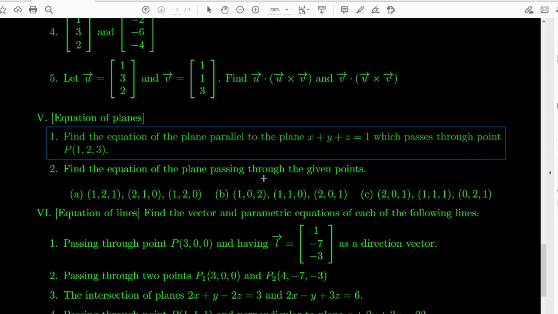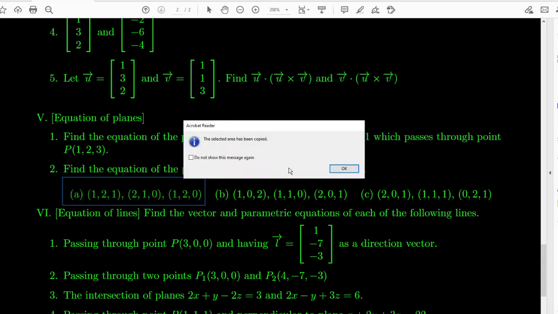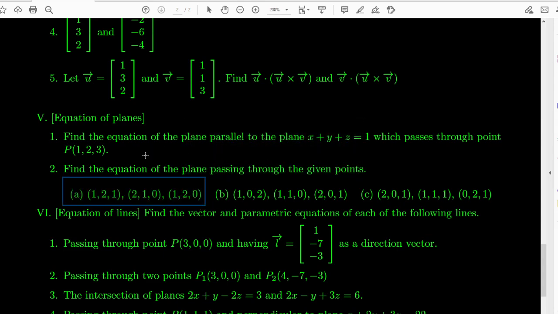How to get the equation of the plane passing through 3 points. As long as you have 3 points, then 3 points can determine a plane uniquely. Okay, so it makes sense to get the equation of the plane. We'll work on the questions one by one. How about that?